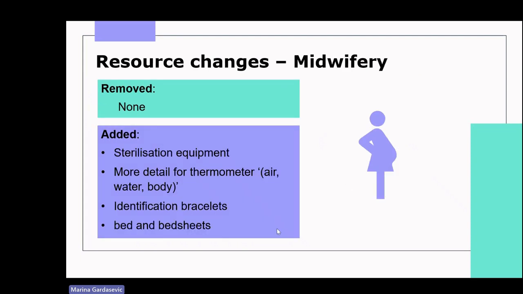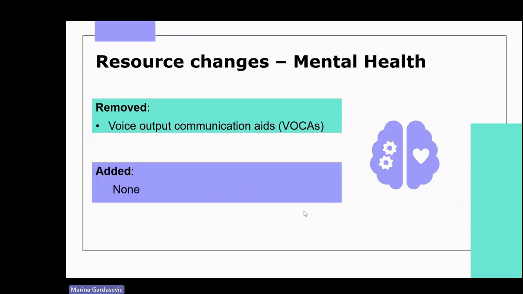For midwifery, there are no resources removed, and there are some that have been added: sterilisation equipment, identification bracelets and bed sheets. There's also been more detail provided for the thermometer. You must have thermometers that can measure temperature in air, water and body. For supporting the mental health team, voice output communication aids have been removed and no additional resources have been added.